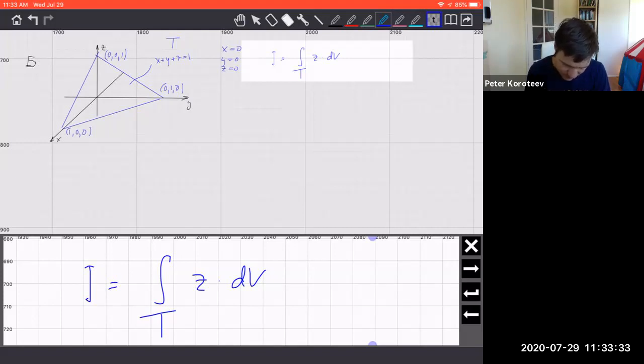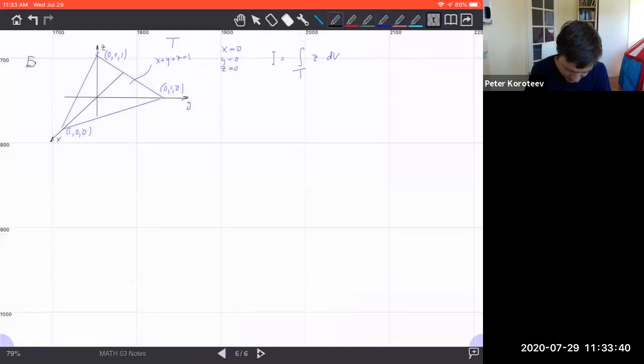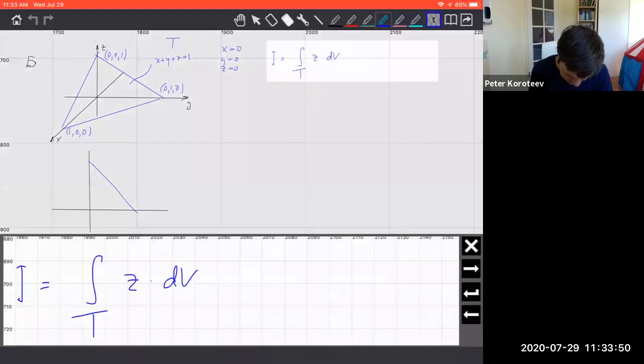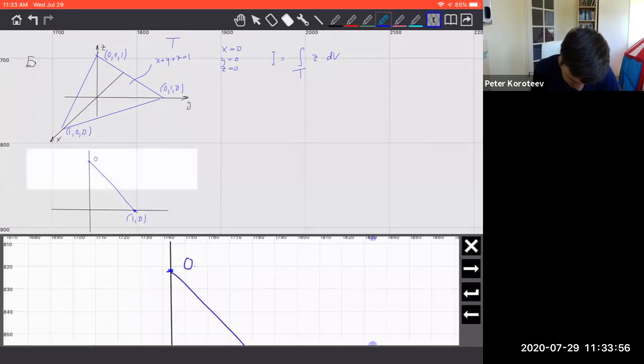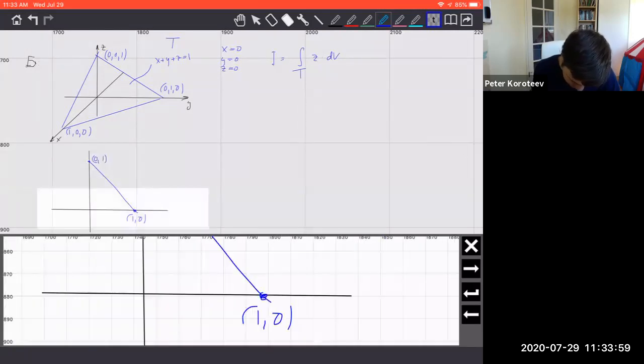So let's see what's going on here. The projection on the xy plane looks quite simple. It looks like this triangle here, with vertices (1, 0), (0, 1), (0, 0).